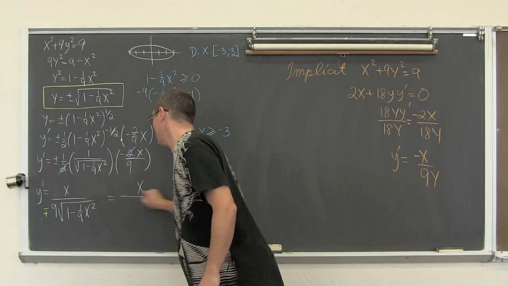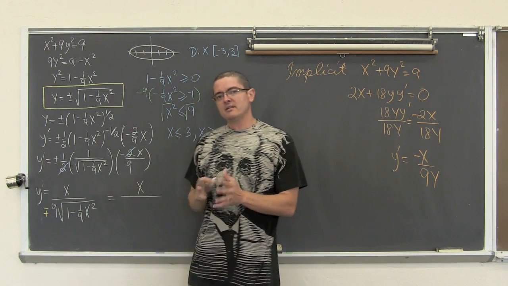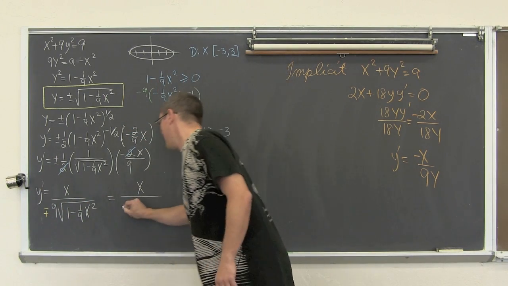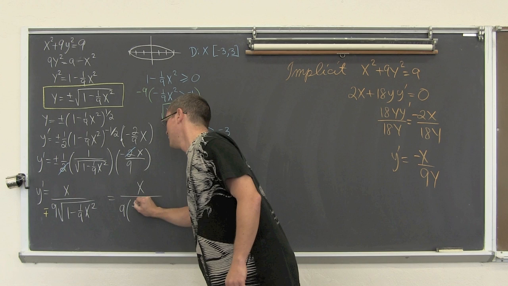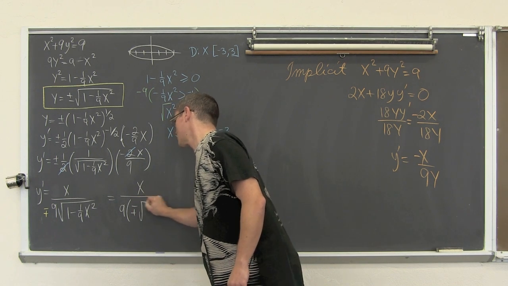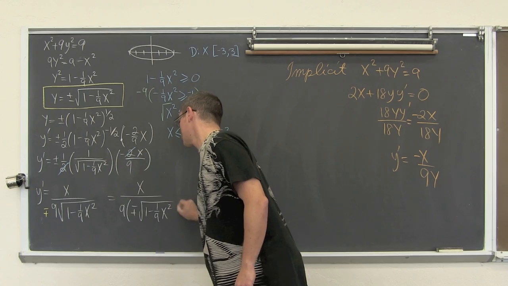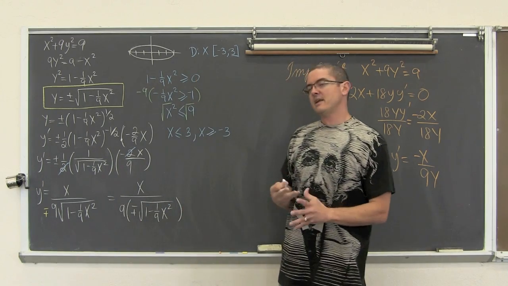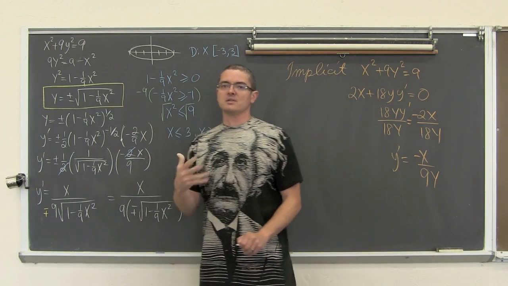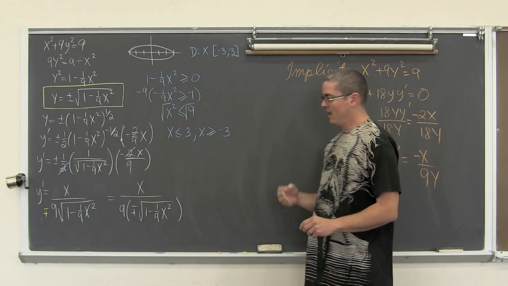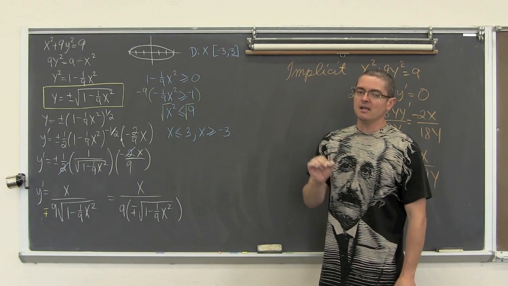This is going to be x over, instead of having the negative positive on the 9, I would like to have it 9 times negative positive square root of 1 minus 1/9 x squared. So I'm getting the positive negative closer to the radical, so you're going to be able to see the substitution I'm about to do, but it's not exactly the same.